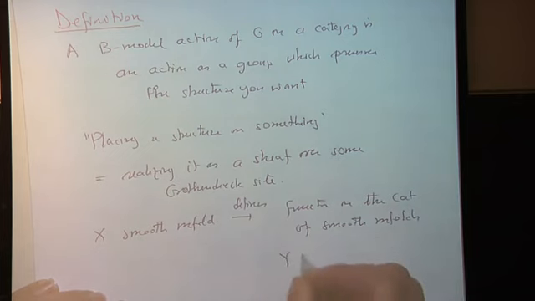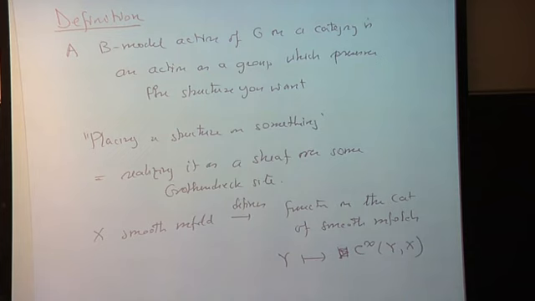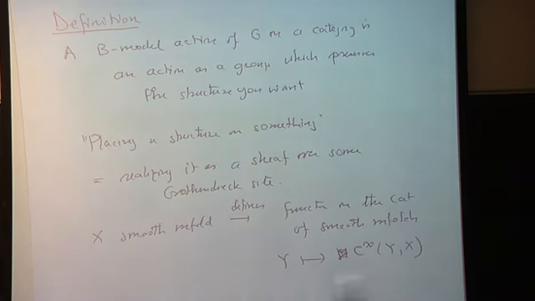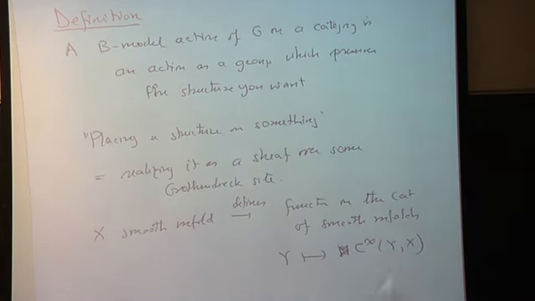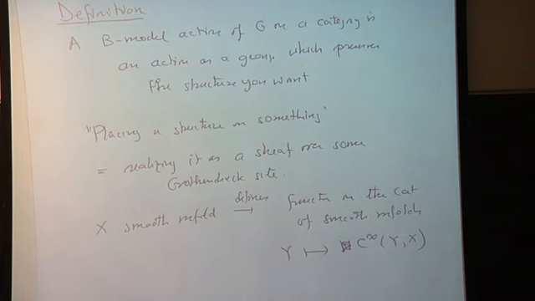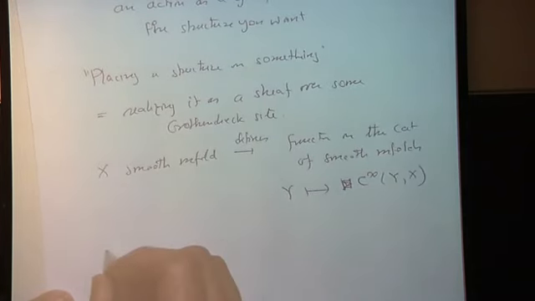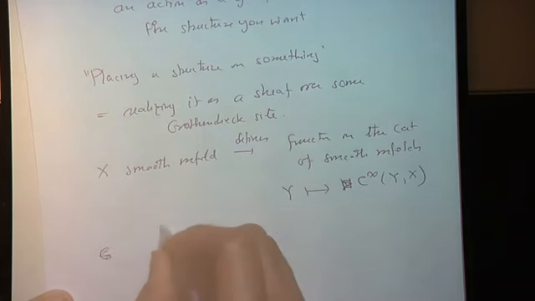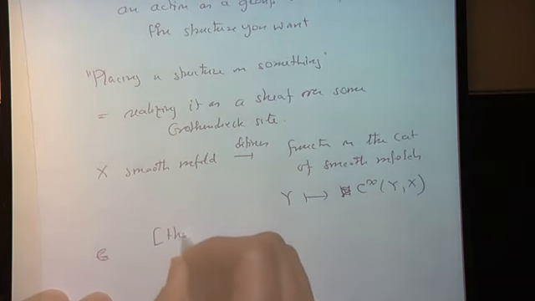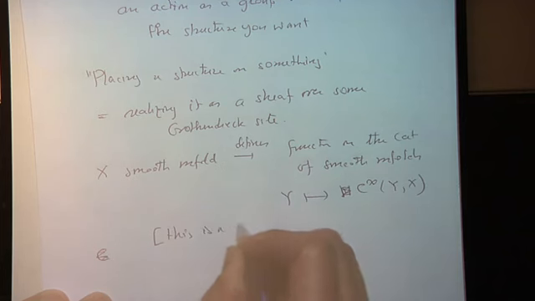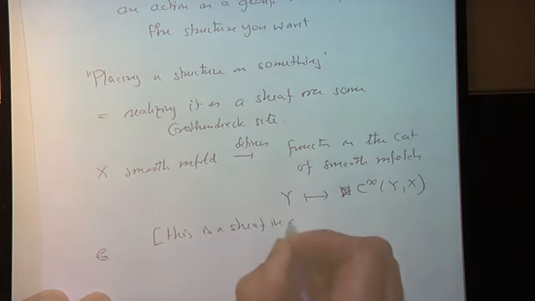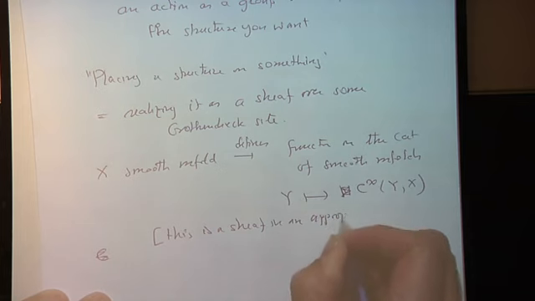So it sends Y into the C infinity maps, C infinity of Y into X. And Yoneda's lemma tells you that you can recover X up to canonical isomorphism just from this set valued functor. The point is that these are now sets, so you don't need to remember anything about them. As a technical comment for people who know, this is a sheaf in an appropriate topology. I don't want to get into that kind of conversation.